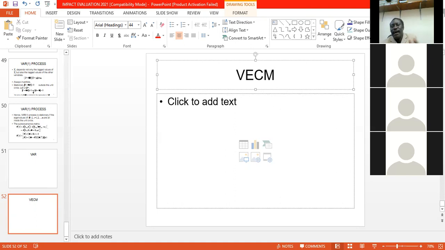And so you apply your vectors to measure the variable so that you can estimate the speed of change of that variable towards the targets. So you can apply that one.